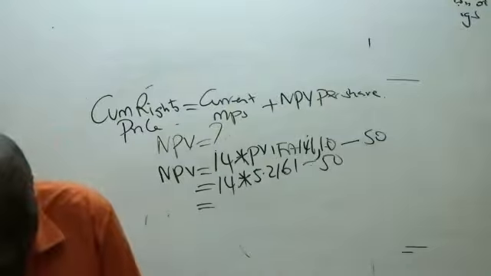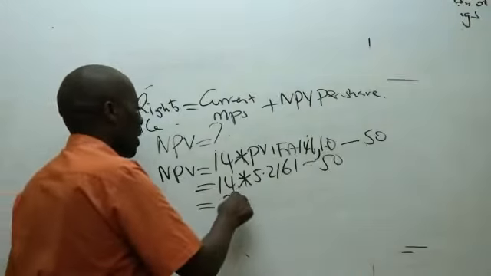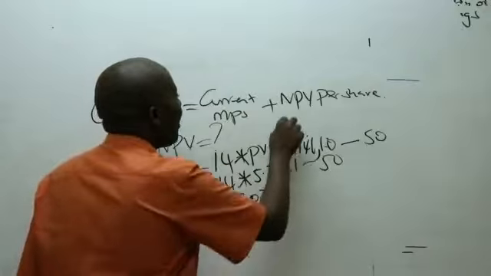So we are getting what figure? 23.03. But now remember here, what do they want?